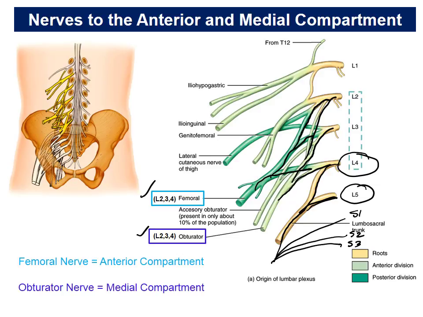As a review, here's your sciatic nerve, a cross section of it, and if you recall, it's two nerves in one. Laterally, we're going to have the common fibular nerve, and medially, we're going to have the tibial nerve.